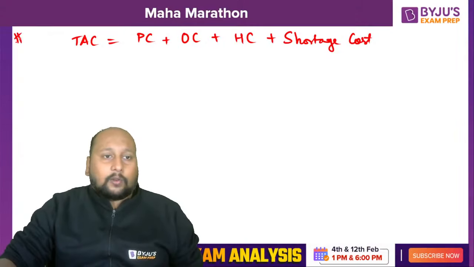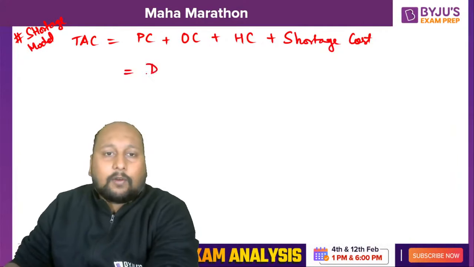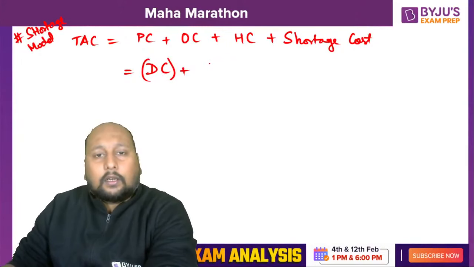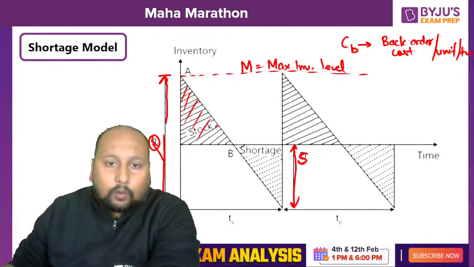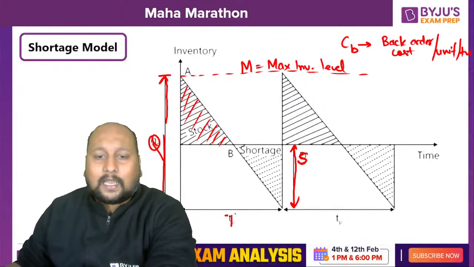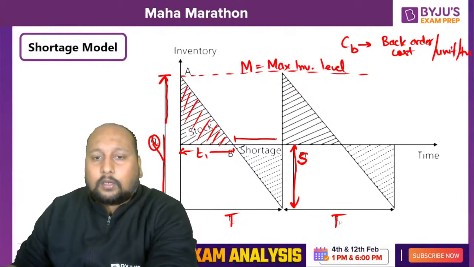Okay, let me write it over here for shortage, right? So what is a purchase cost? That is annual demand into unit price. What is ordering cost? That is D by Q into CO. What is holding cost? We are holding the inventory only for a small time period. Let's say that is small t1. Let's say this is capital T, this is your small t1, this is your small t2, right?